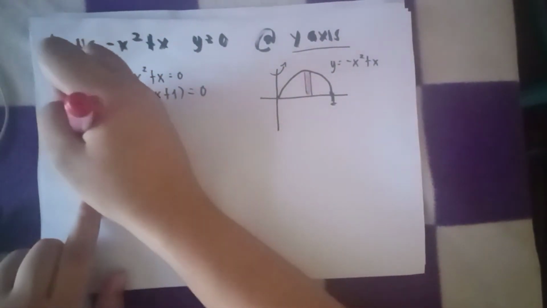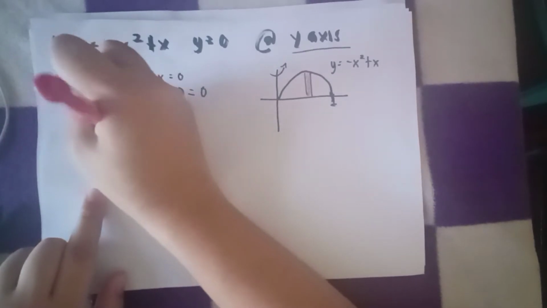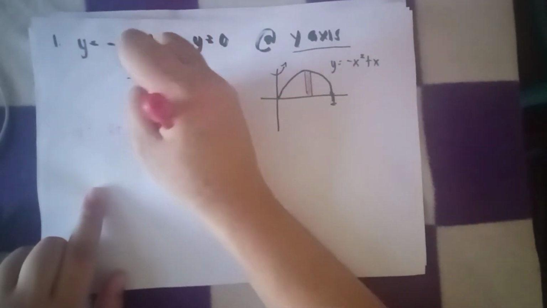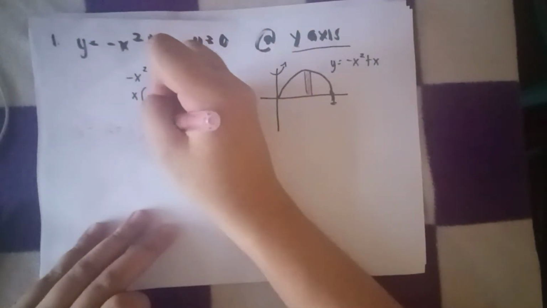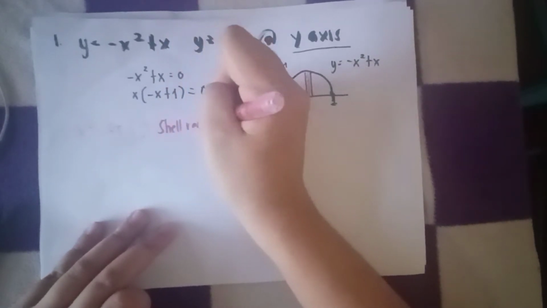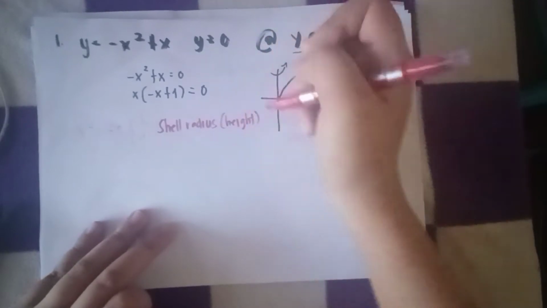Yung formula natin is volume is equal to 2 pi from A to B, shell radius times height with the cylindrical shell height.